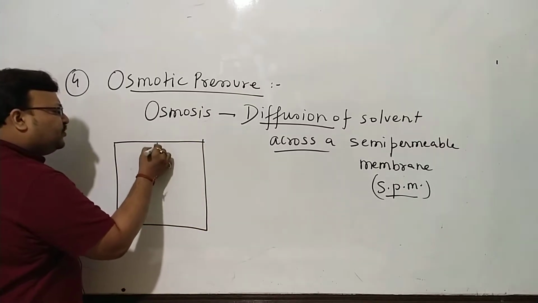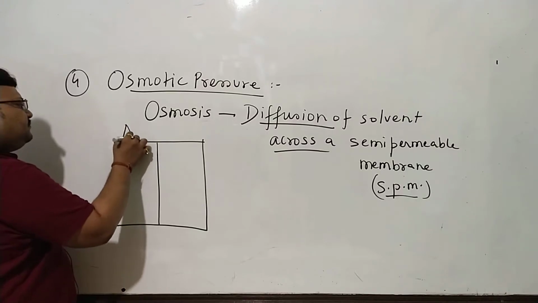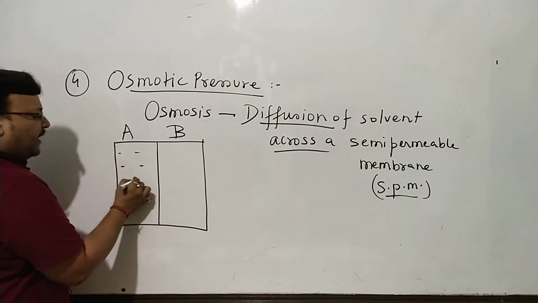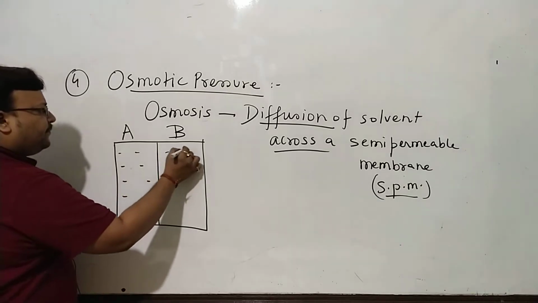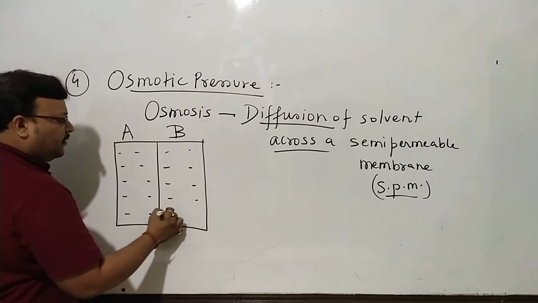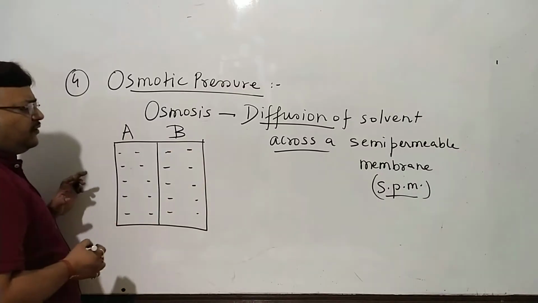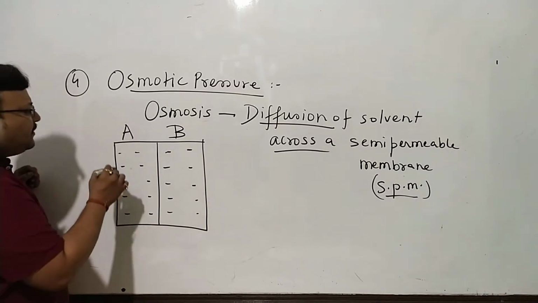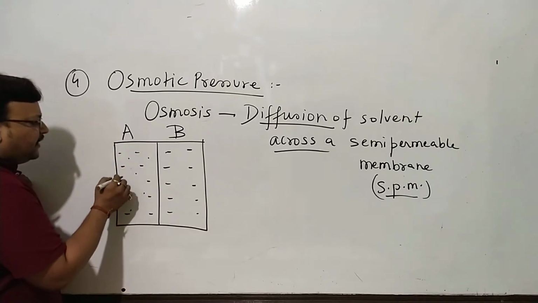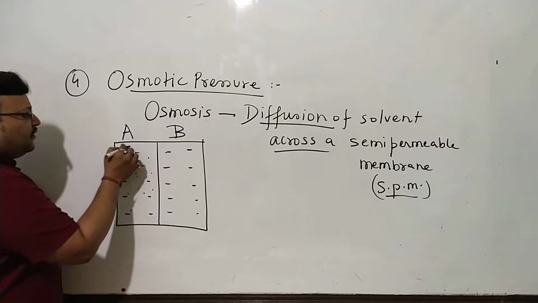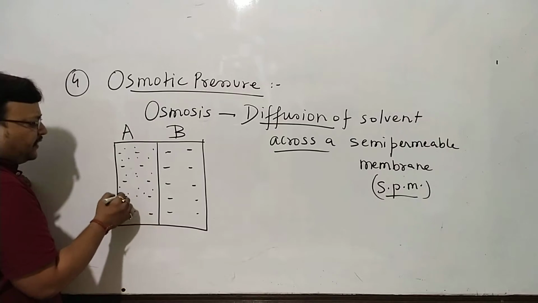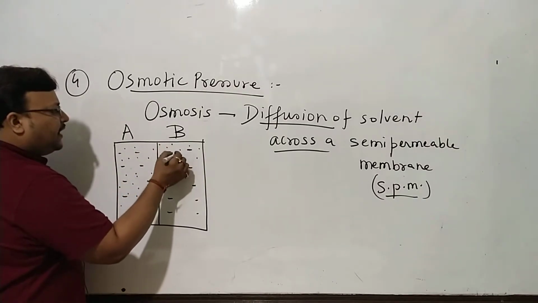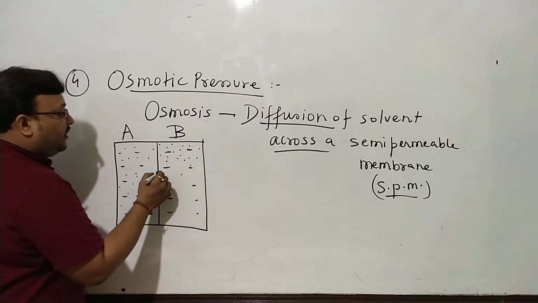Suppose there are two solutions A and B, both aqueous, and you add some salt to the two solutions. Naturally, from the very look, you can figure out that between A and B, B is more concentrated.